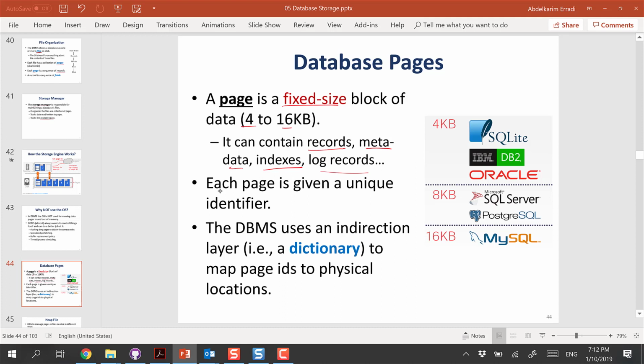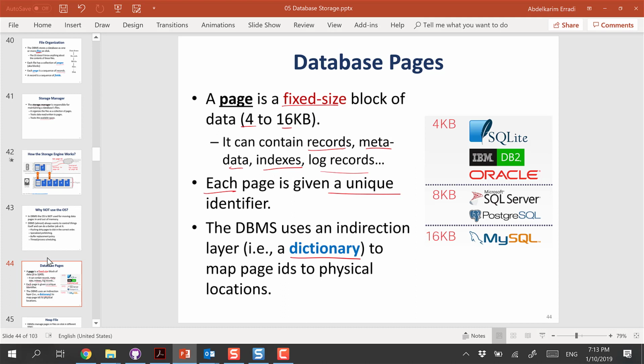Each page has a unique identifier. And basically the database maintains a dictionary that maps the logical ID of the page to the physical address. This dictionary is a critical component. Okay, is it clear? A file is made up of pages, pages are uniquely identified, and the mapping between the logical address and the physical address is maintained in a dictionary. That's basically the idea.